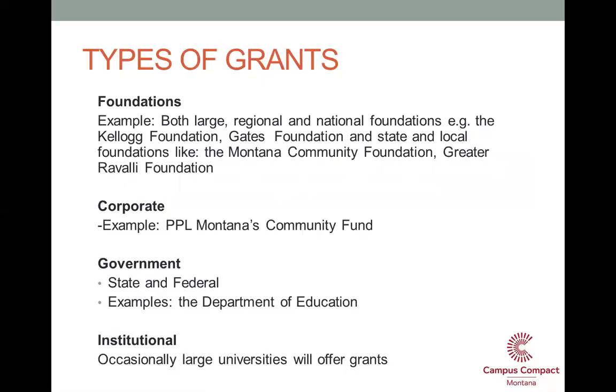Oftentimes there is a large philanthropic wing with a foundation associated with it. And then there also are state and local foundations that do giving as well. Examples like the Montana Community Foundation, or in a county, the Greater Ravalli Foundation. There are family foundations that are very locally focused.